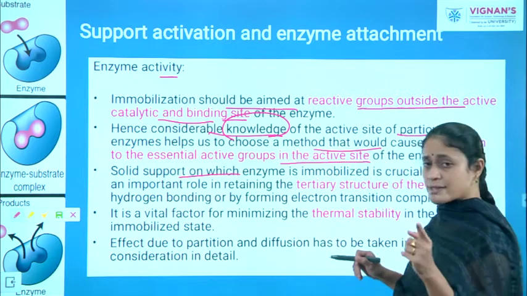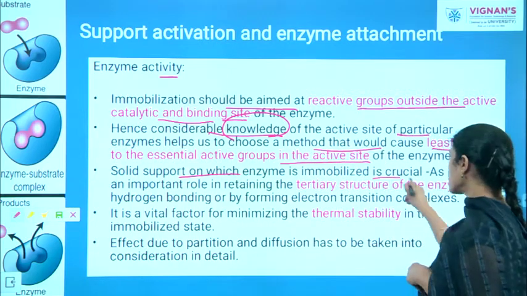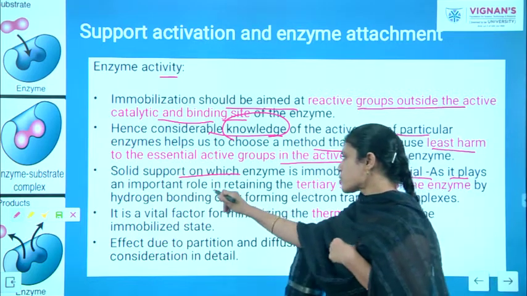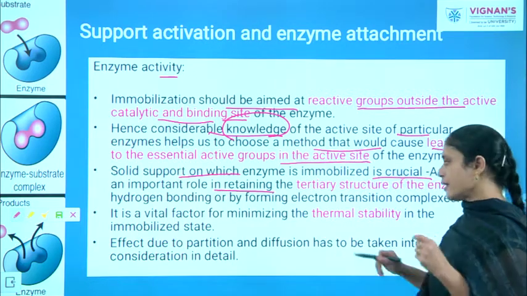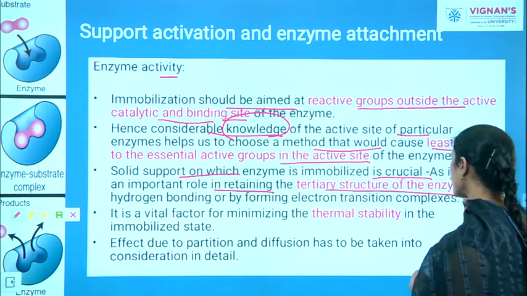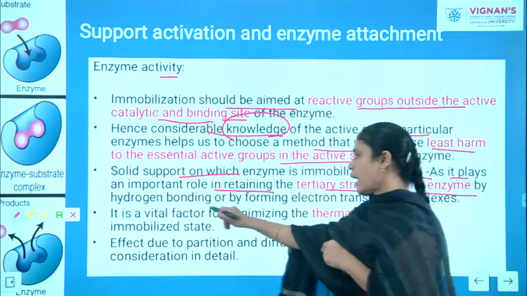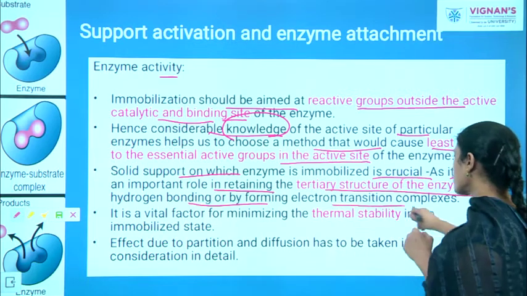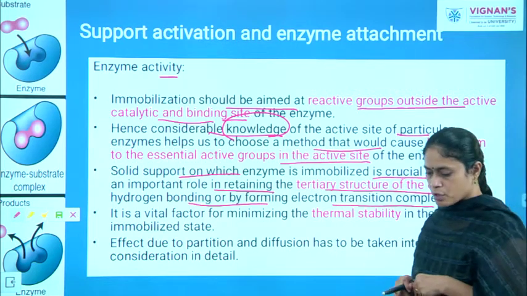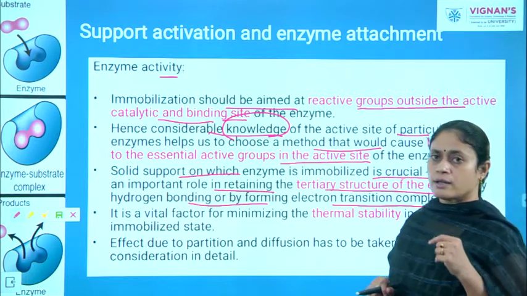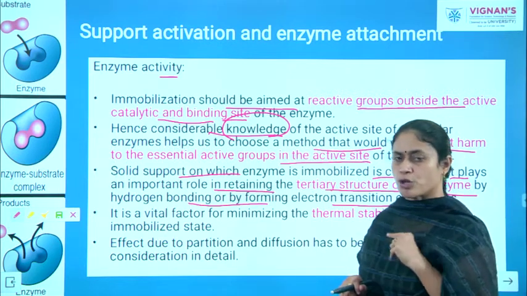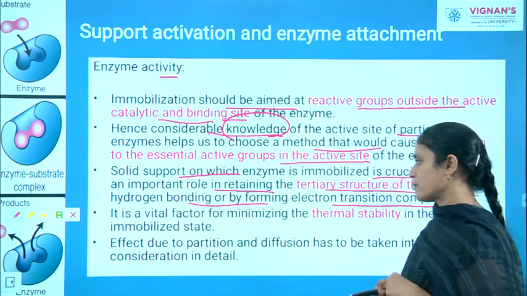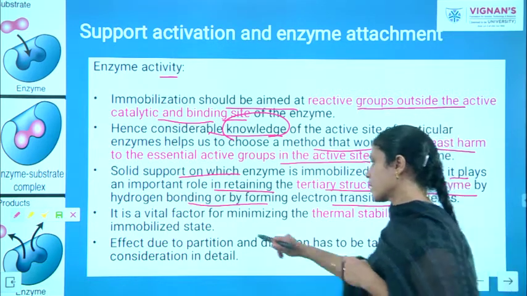The solid support on which your enzyme is going to get immobilized is very crucial, as it plays an important role in retaining the tertiary structure of the enzyme by hydrogen bonding or by forming electron transition complexes. So, your immobilization technique should not change the tertiary structure of your enzyme, which is nothing but your protein.